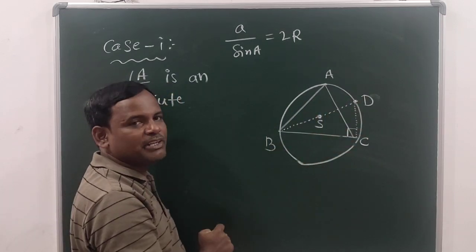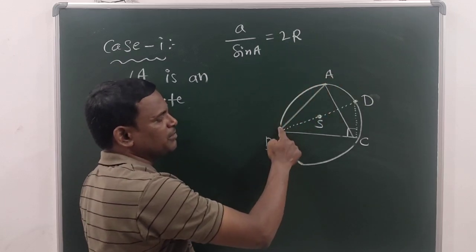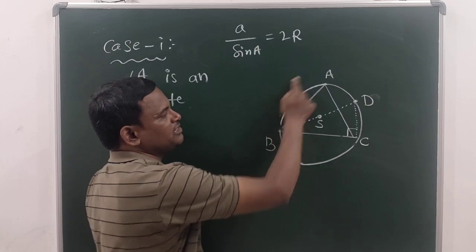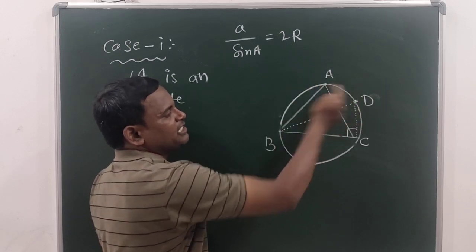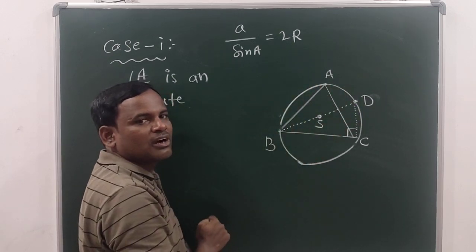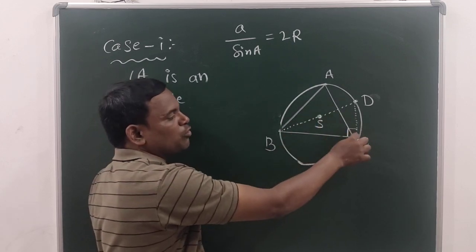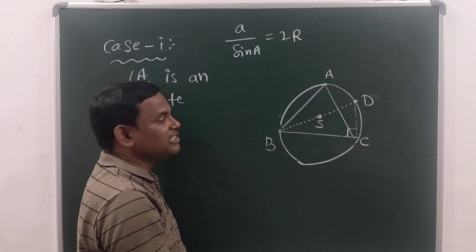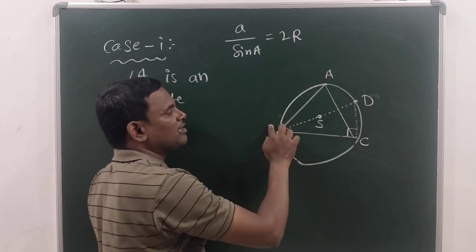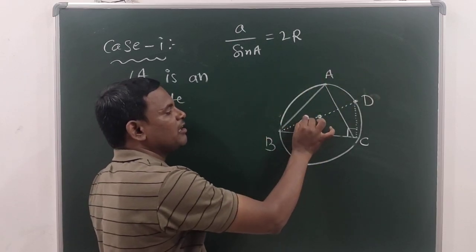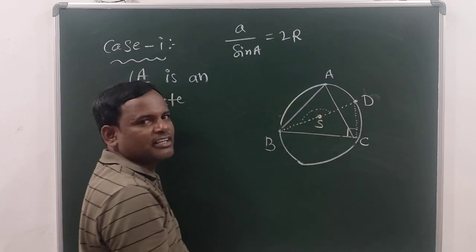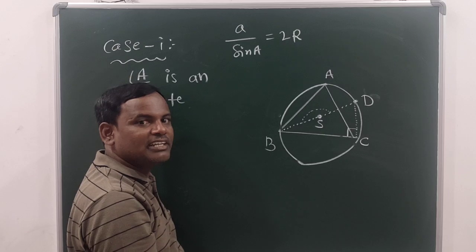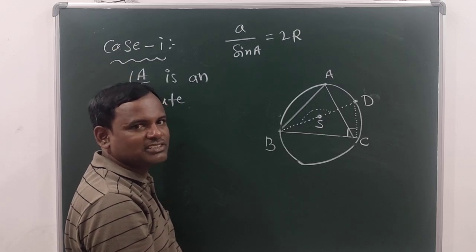How it will be 90 degrees: see here, this is one semicircle. For this semicircle, BD is the arc. Now this arc will make how much angle here? 90, because as per the degree measure theorem, this arc makes a 180 degrees angle at the center, which you have learnt in the plane geometry circles chapter.